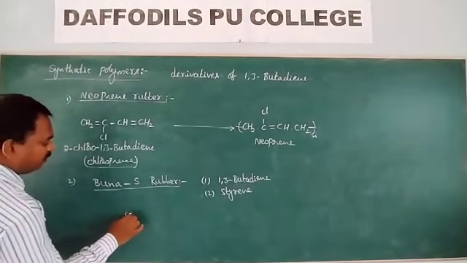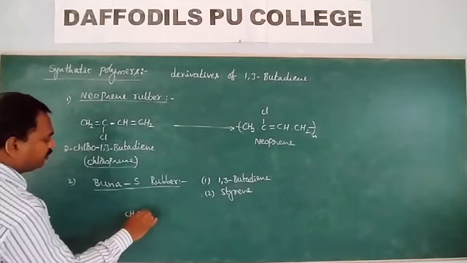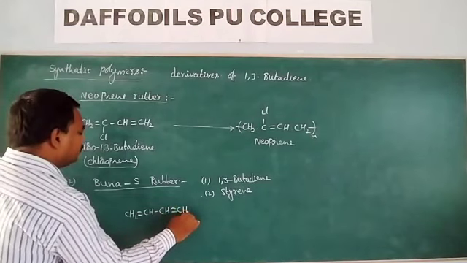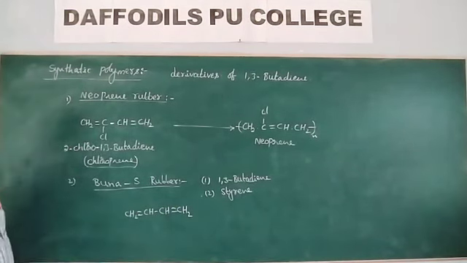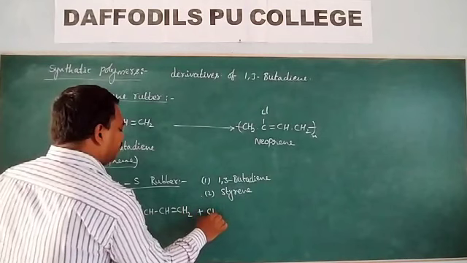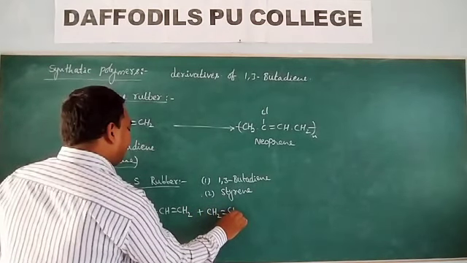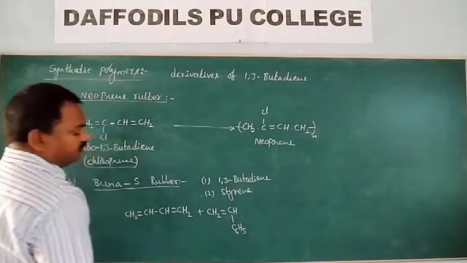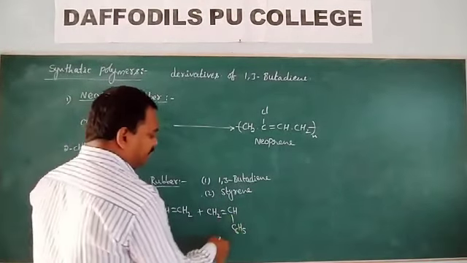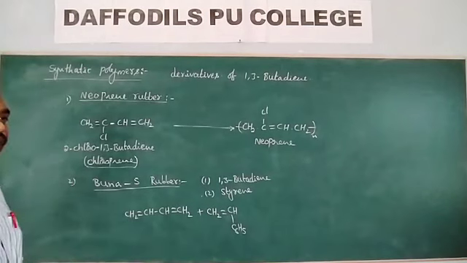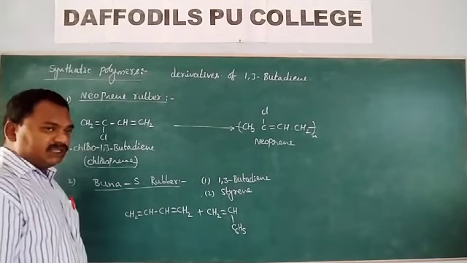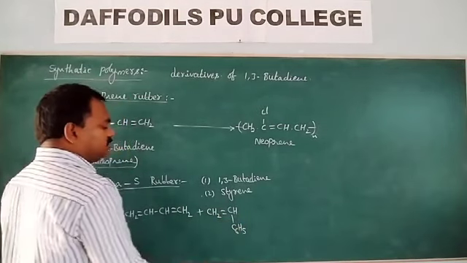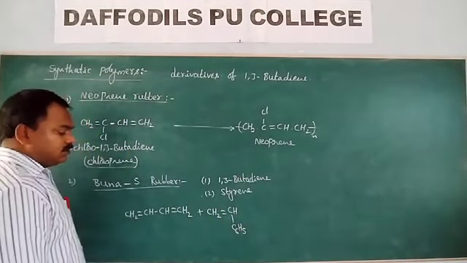So this 1,3 butadiene, CH2 double bond CH single bond CH double bond CH2. When this 1,3 butadiene reacts with styrene, this is styrene. Styrene means if a vinyl group is bonded with a benzene ring, then it is called styrene.